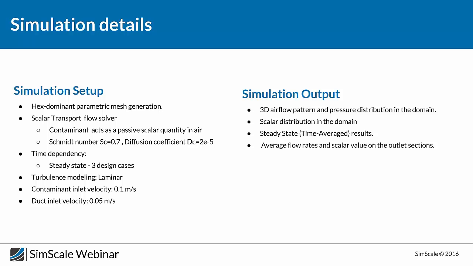We also look at the steady state time average results, which are the distribution of the contaminant in the domain, and also average flow rates and scalar value at the outlets.